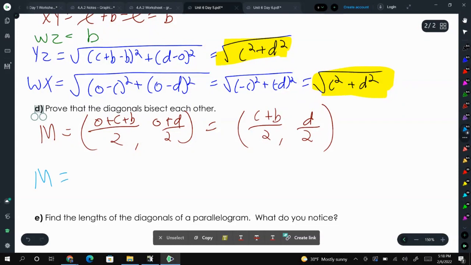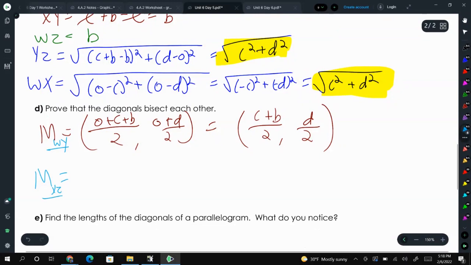Then we're going to find the midpoint of XZ. This is XZ. Up here was WY. We do this little notation down here so that we can go back and verify, remember what segments we are looking at.